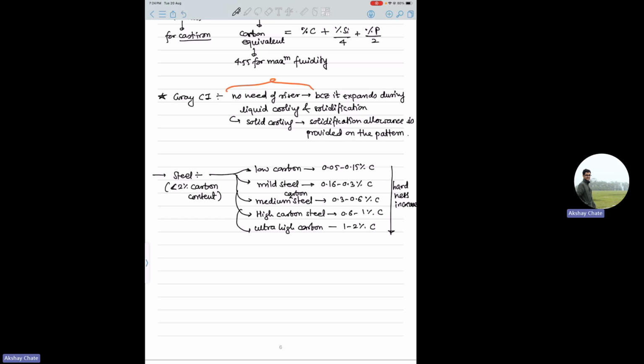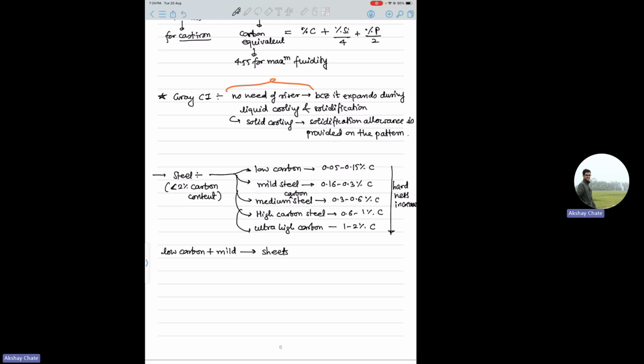Yeah, I mean, sometimes they're clubbed with the MS. Okay, so this low carbon and mild steel, most of the times they're clubbed together. They are typically used for these things because they are more ductile, etc. They are used for sheets, etc. Right?